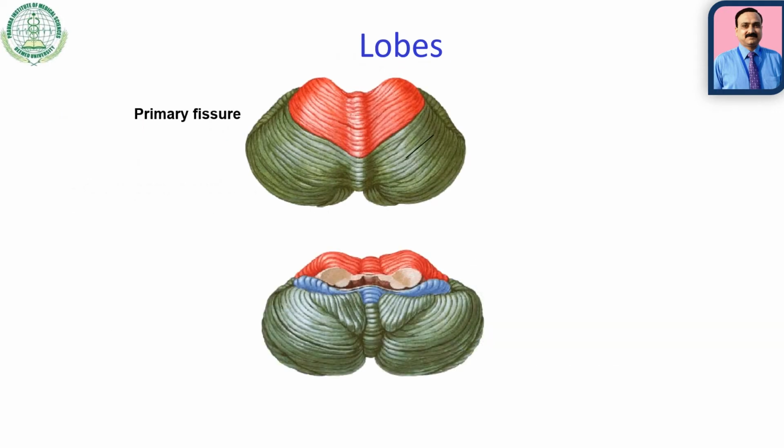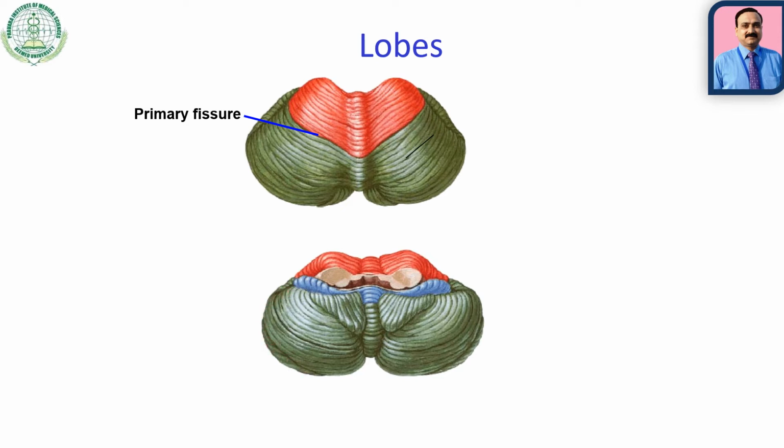So in short, there are three fissures and three lobes. The primary fissure is V-shaped, continuous on the vermis also, separating the anterior 2/3 and posterior 1/3, and it separates the anterior lobe from the posterior or middle lobe. The second is the horizontal fissure, which separates the superior surface from the inferior surface.